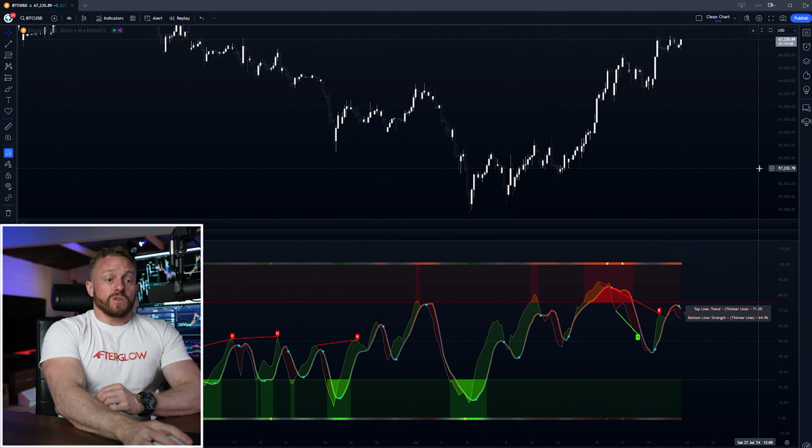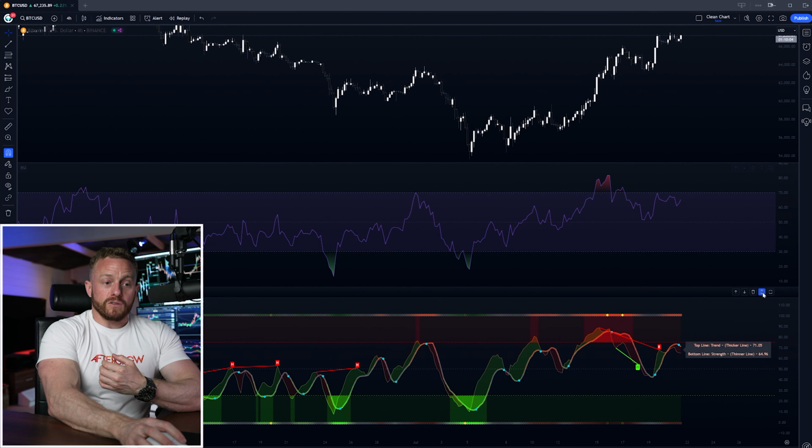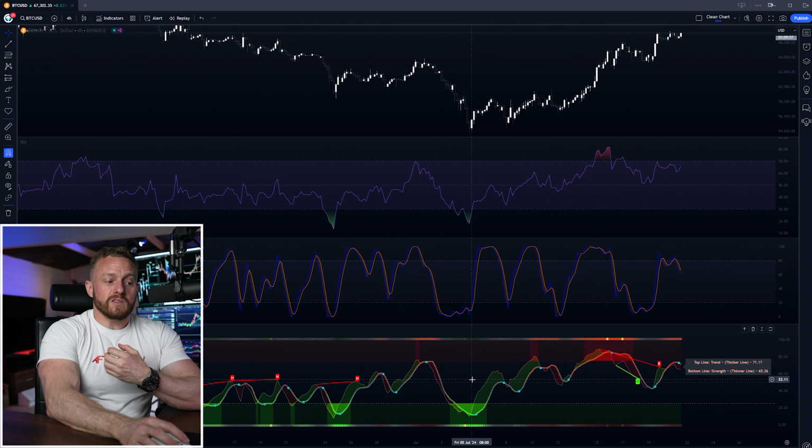So now we can jump back and look at the TrendMaster Oscillator, which I've loaded here. And if I open up the RSI and StochRSI, you can see that it is providing signals at similar times.